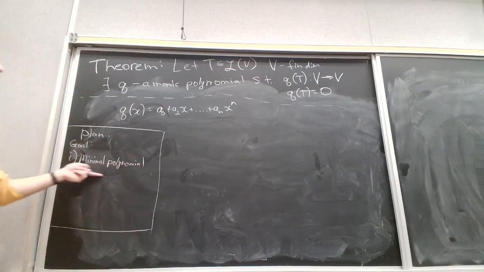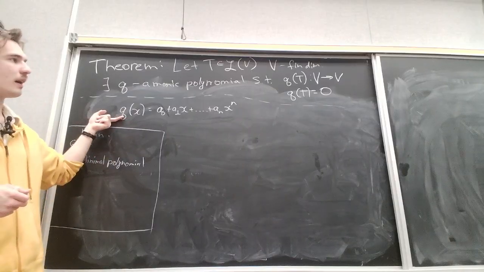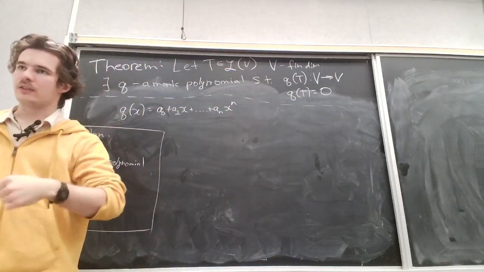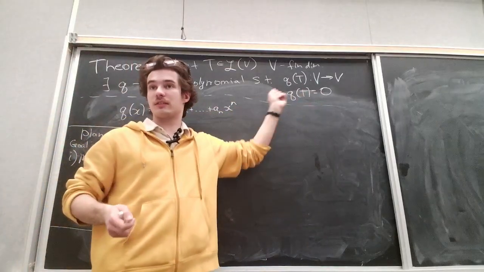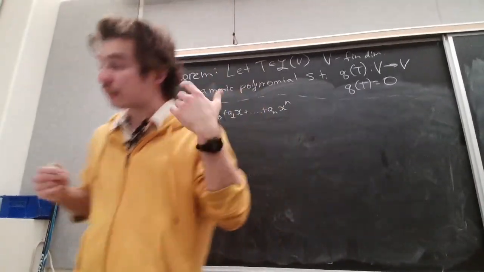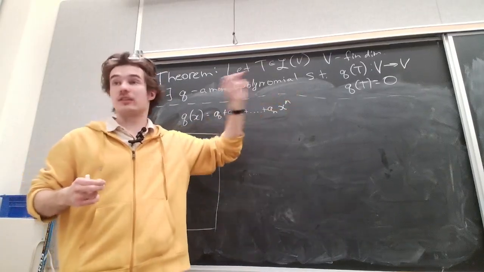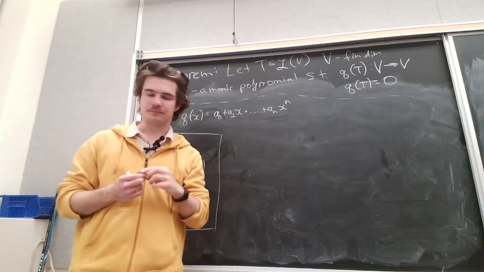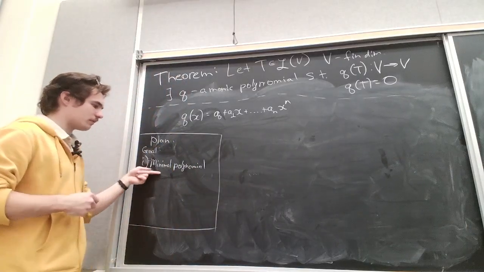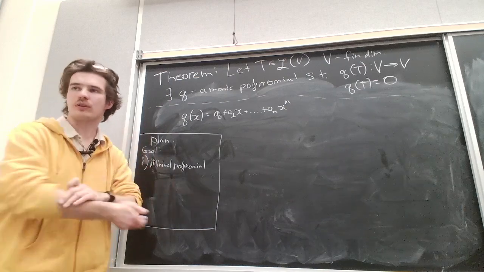This minimal polynomial is going to be a polynomial Q such that Q of T equals 0. So for a given operator T, there's going to be some polynomial Q that is 0 if I plug T into it. And it turns out that there's a minimal polynomial, a polynomial of minimal degree that does this, and it's unique. So we will define the minimal polynomial, show that one exists, show that it's unique, and so on and so forth.